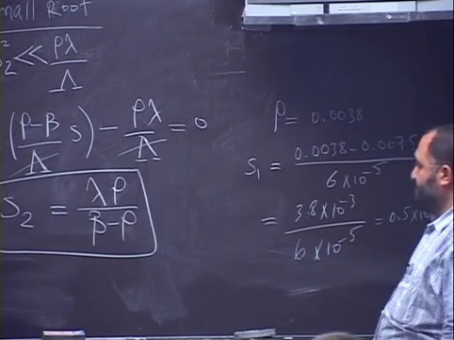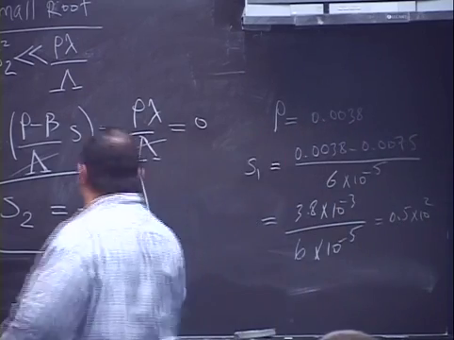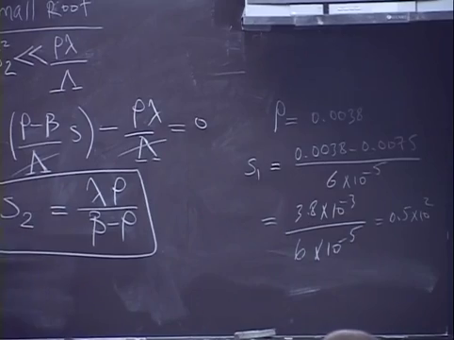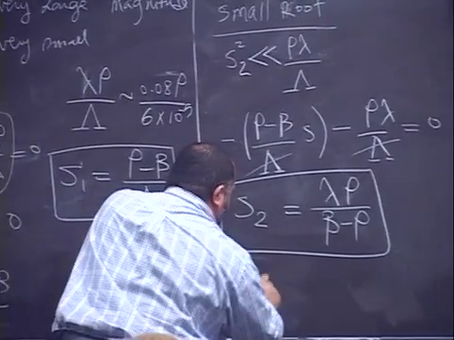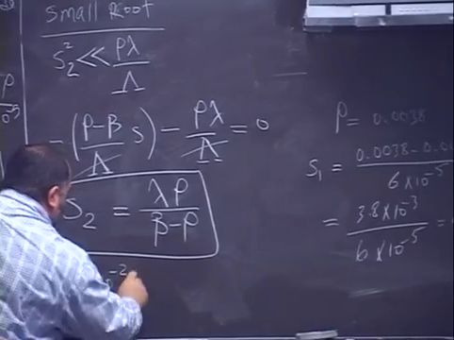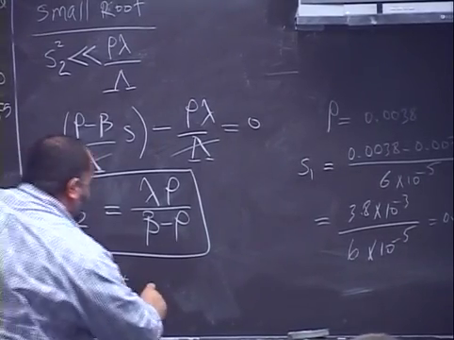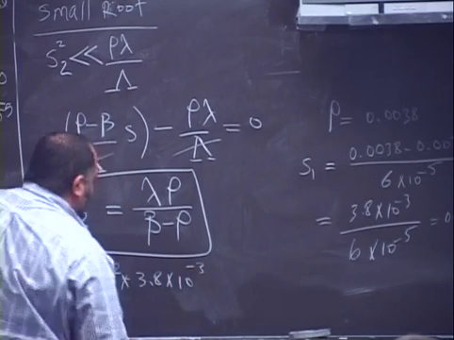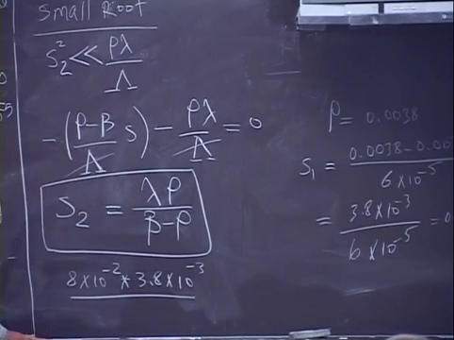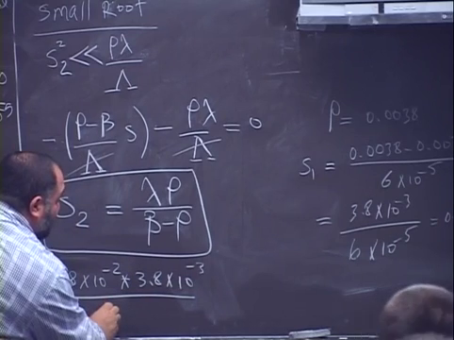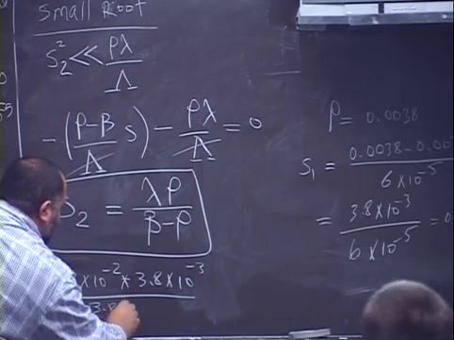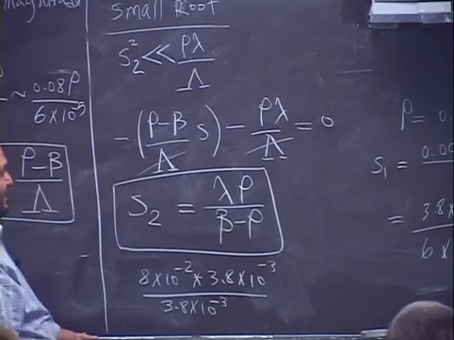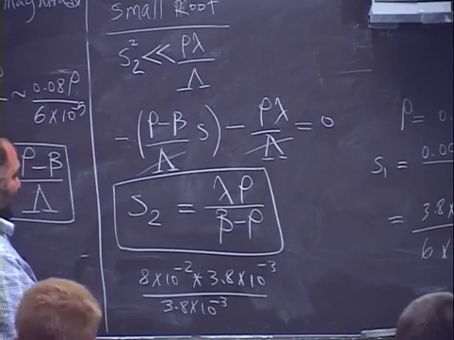Okay, guys? And what's this? It's 0.08. So this is 8 10 to the power of minus 2 multiplied by rho, which is 3.8 10 to the power of minus 3, divided by, the difference is what? The difference is 3.8 10 to the power of minus what? 3 again. Yes, guys?